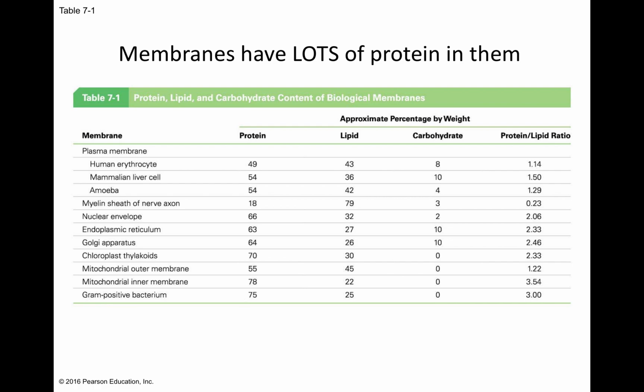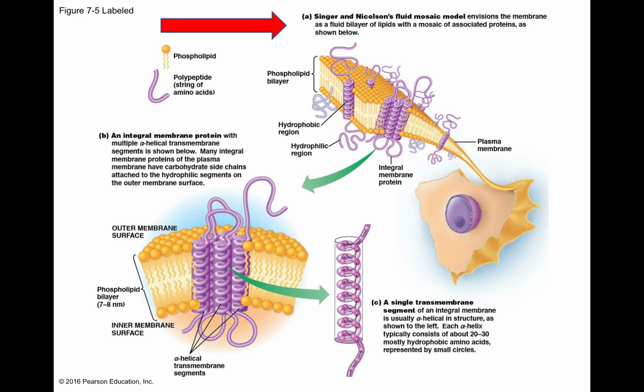So a biological membrane is packed full of protein, and a lot of the function of that membrane depends on those proteins in that membrane. So please don't think about membranes as mostly lipid. They're not in most cases. There are some exceptions, but most cell membranes and organelle membranes are going to be really full of proteins.